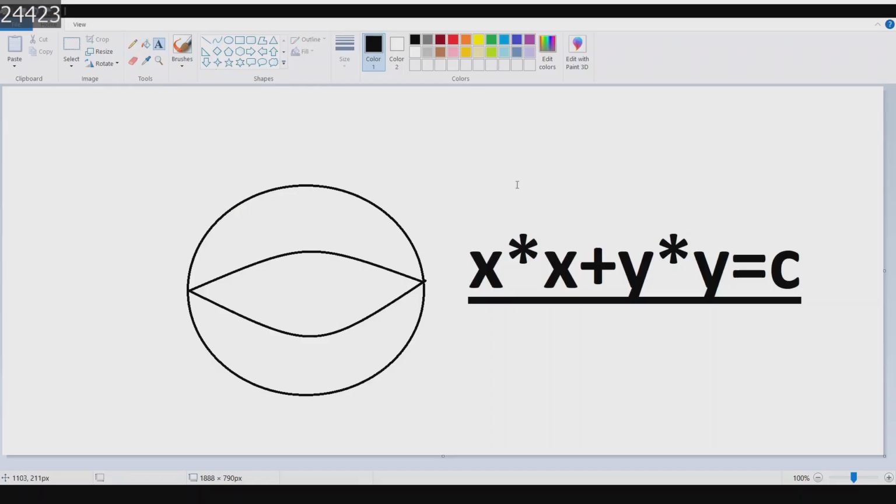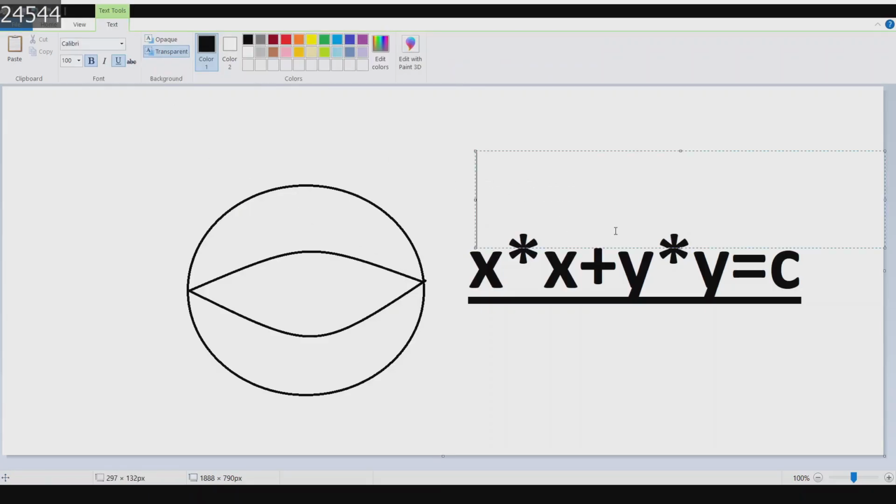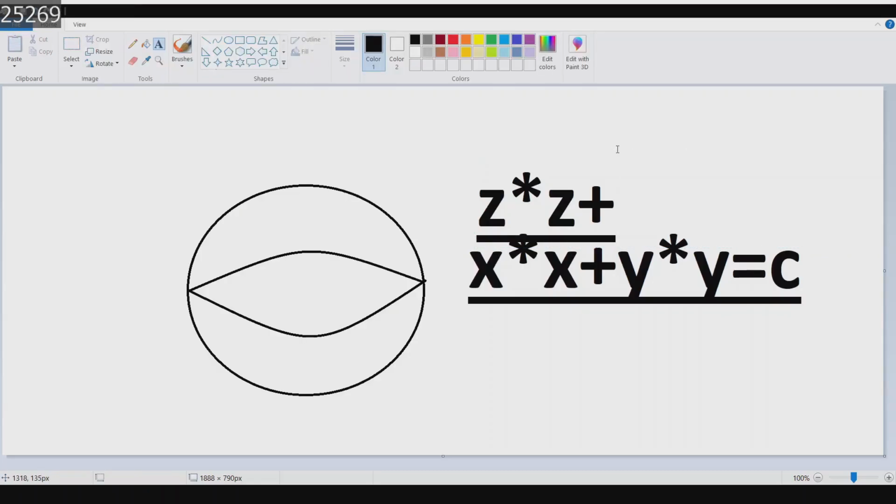What we have to add here is z times z plus, and we continue. That's 2 dimensions. But what if we wanted to add a third dimension?